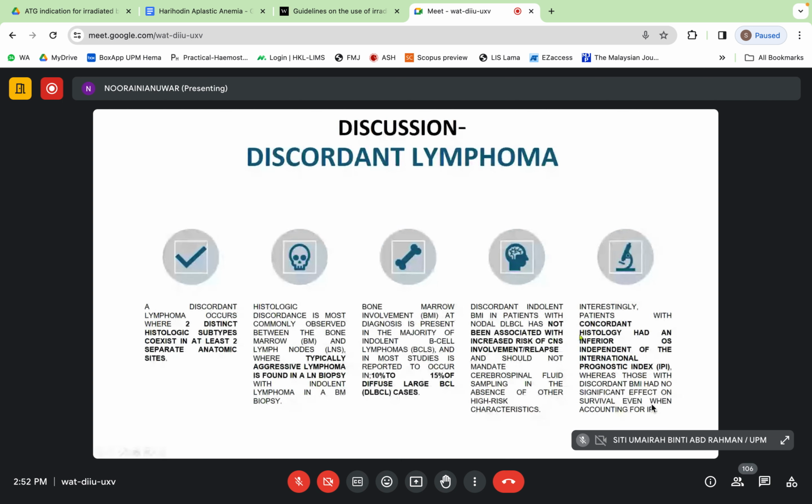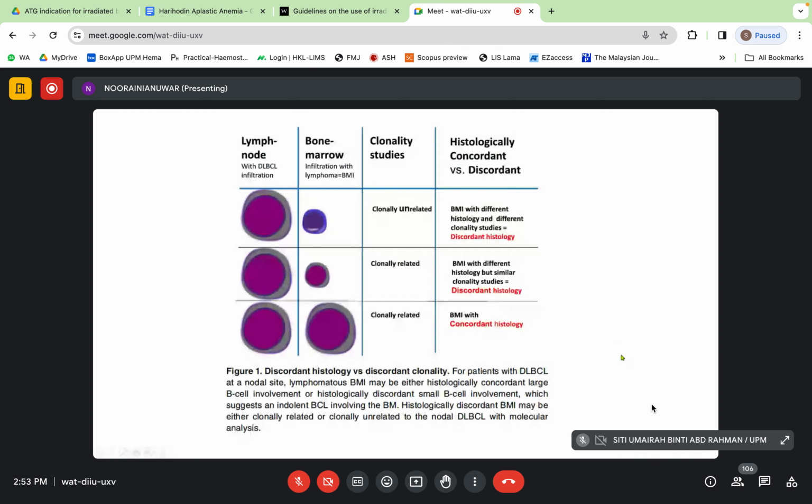Interestingly, patients with discordant lymphoma had no significant impact on survival, even when accounting for the IPI score. Compared with concordant histology, they have inferior overall survival, independent of the IPI score. Okay, a bit about the terms histology concordant versus discordant and their relationship with the clonality study.